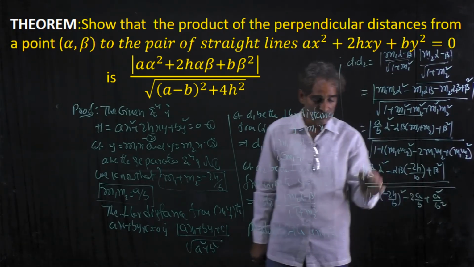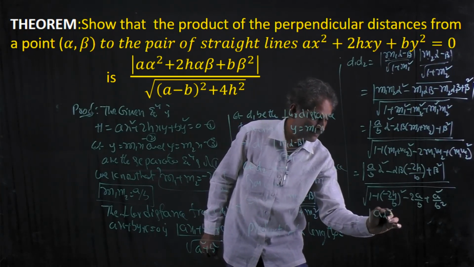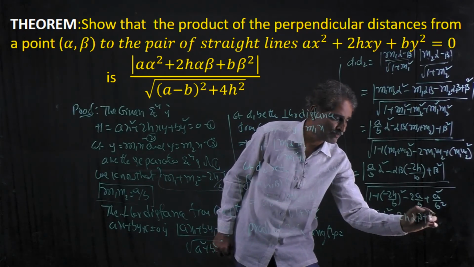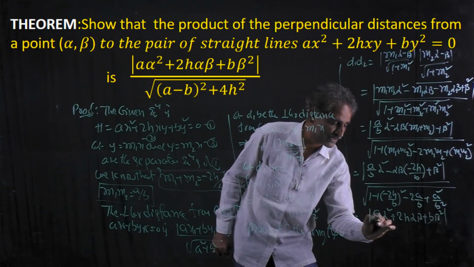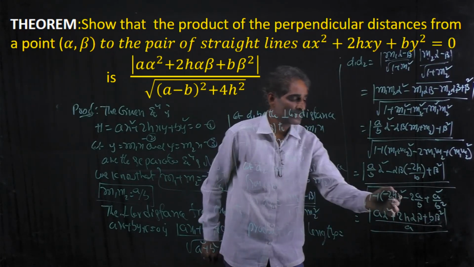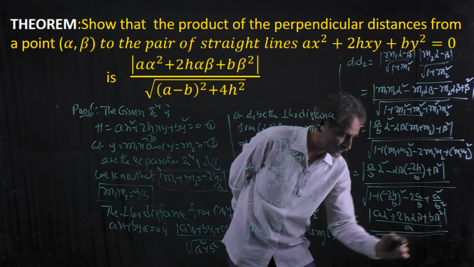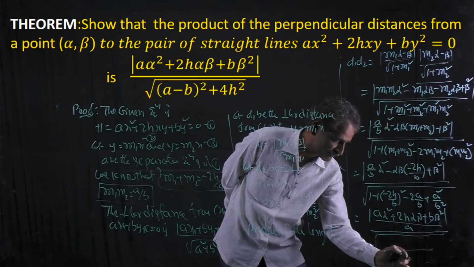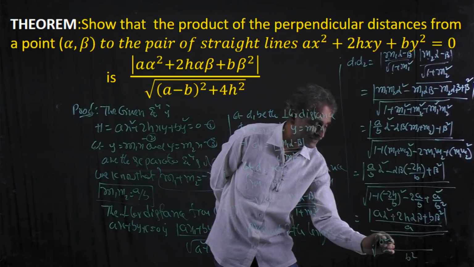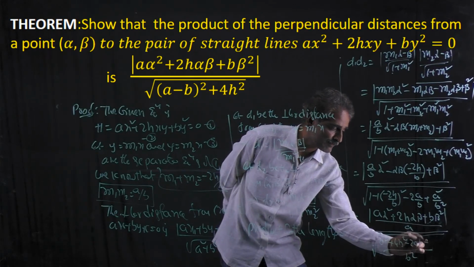Now take the LCM in the numerator and denominator, and we will get the answer. The numerator is (aα² + 2hαβ + bβ²)/b, divided by the square root of the LCM, which is b², of b² + 4h² − 2ab + a².